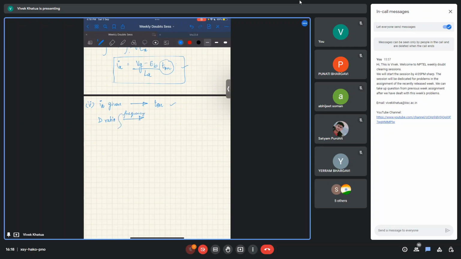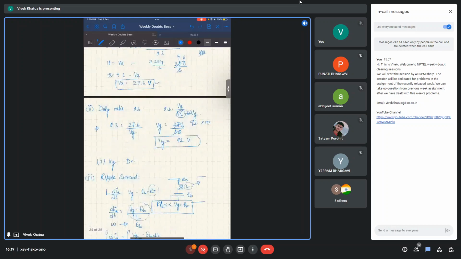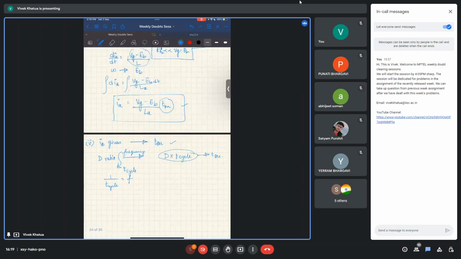The frequency means that the total time of the cycle, T cycle, depends on the frequency. 1 by T cycle is nothing but your frequency. So to find T on, you multiply duty ratio with T cycle, and based on that you'll get T on. So these are the problems that you'll have to calculate.